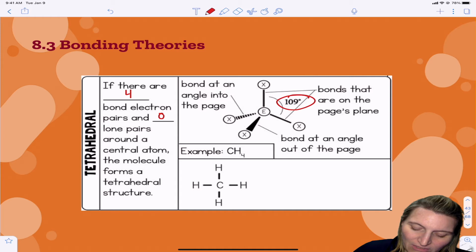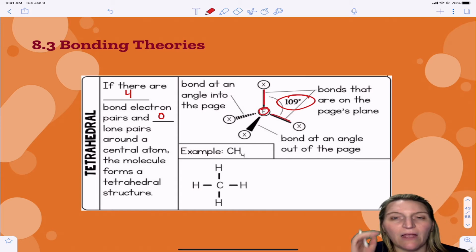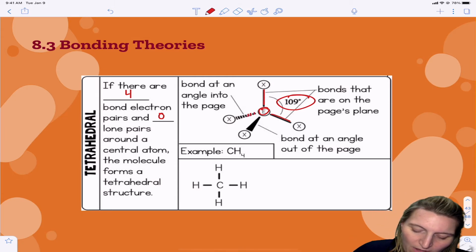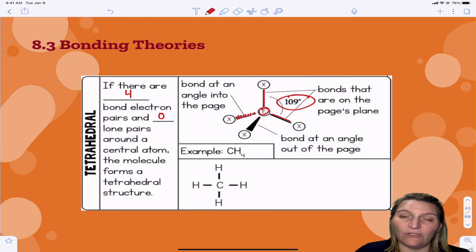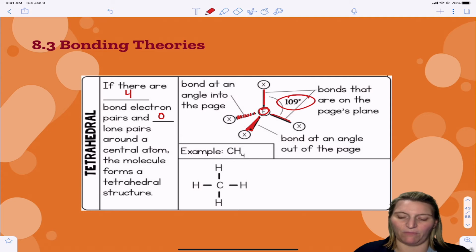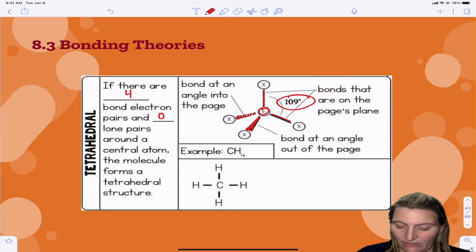So we start with the central atom, and then there are 2 outside atoms that are in the plane of the paper. And then there will be one that goes backwards into the paper, and then this one that comes out of the paper. This is a perfectly symmetrical molecule, and it will be 109 degrees.